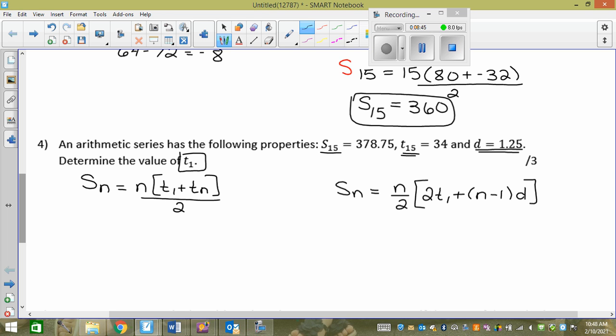Which one could we use? Trick question. I was so kind, you could have used either. So you could have used this one and solved for T1 because it gave you the last term. Or you could have used this one, put in your d, put in your 15, put in your 15, solve for T1. I know personally which one I would pick, the easier one.